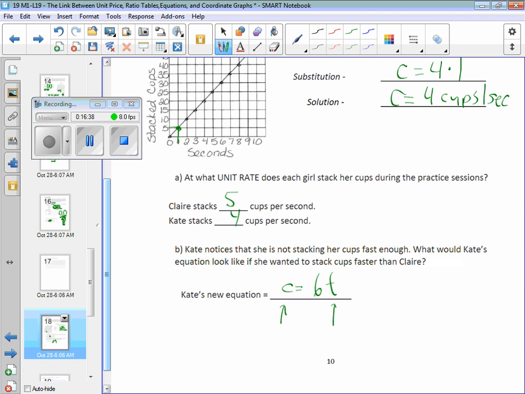I'll repeat it one more time. Listen carefully. How many more cups will Claire have stacked over Kate in 2 minutes? 120.